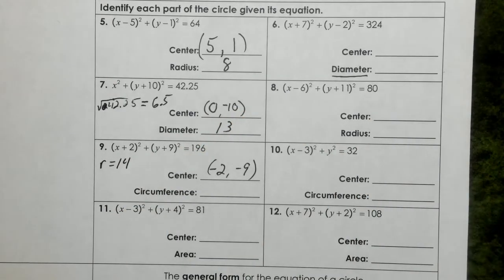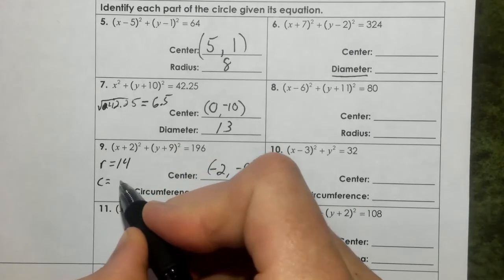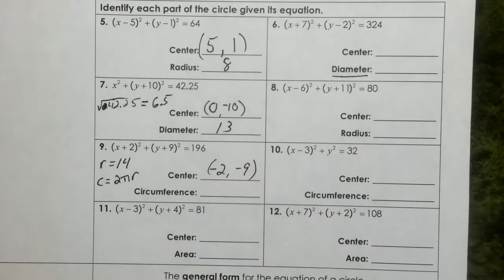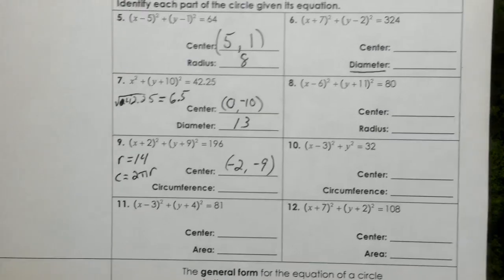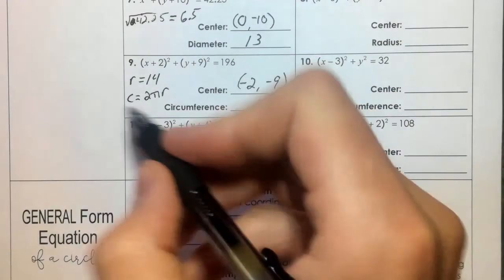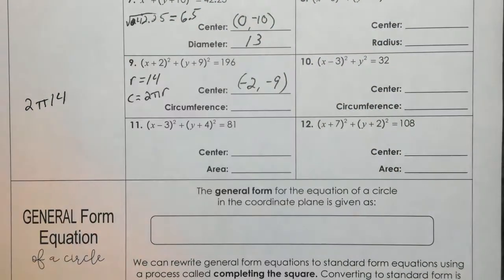Now let's think about circumference for a second. We find circumference using the formula 2 pi r. We just said that our r is 14. Let me come over here to the side for a second. So r is 14, which means to find circumference I would have 2 times pi times 14.